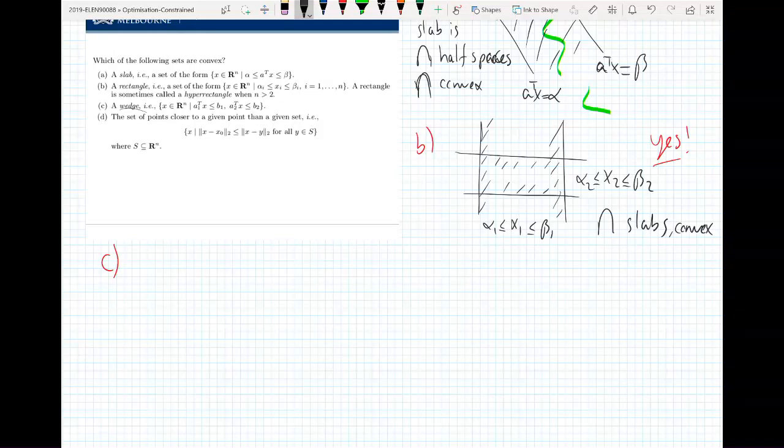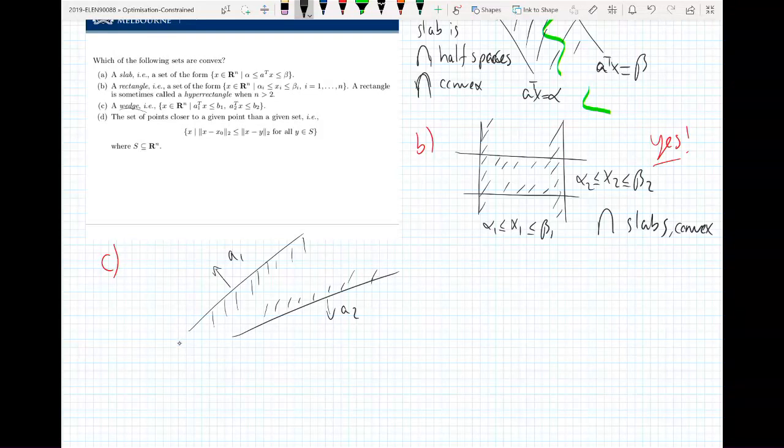So I will have some A1 that will be like that, and another A2, and if they are not the same, then they need to intersect somewhere, right? A2 transpose x less than or equal to b2.